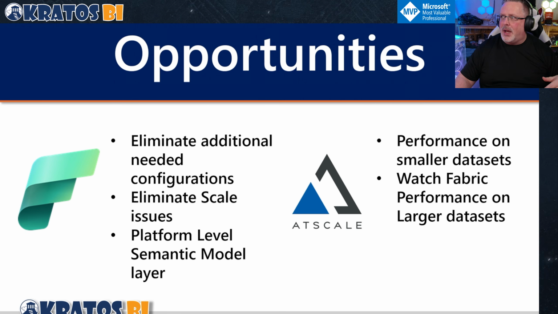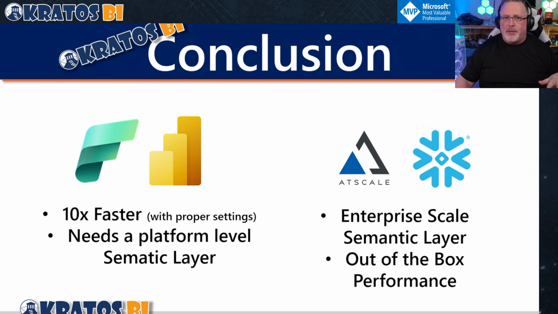So if we go to my conclusions on this, I think you're going to find that Fabric is 10x more performant broadly across the platform, as long as you have the right scale and the right options in place, right? You have to have the right size capacity, but it's going to be exceedingly performant and faster than anything else out there. That's not in the study, but that is my conclusion from going through and looking at it.